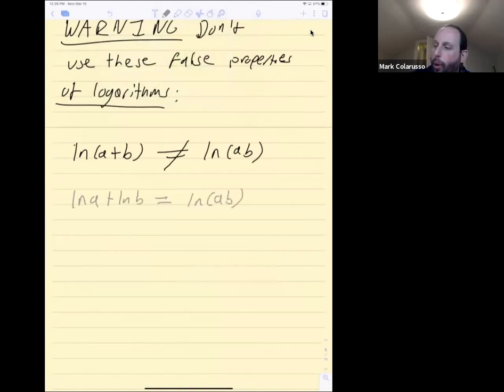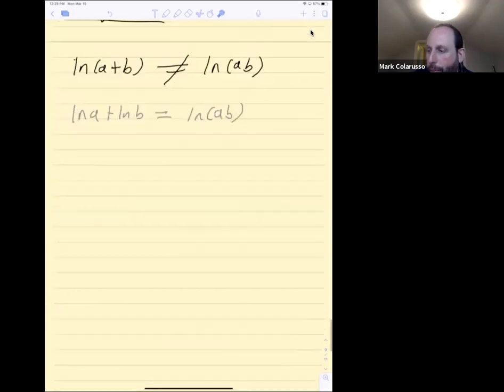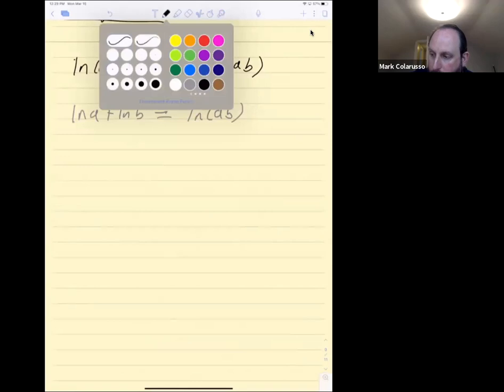But there is no way to simplify the logarithm of a sum of two things. And that's why I emphasize, if you go back and think about the exponential properties, there's no way to simplify e to the x plus e to the y, right? So that's the issue.